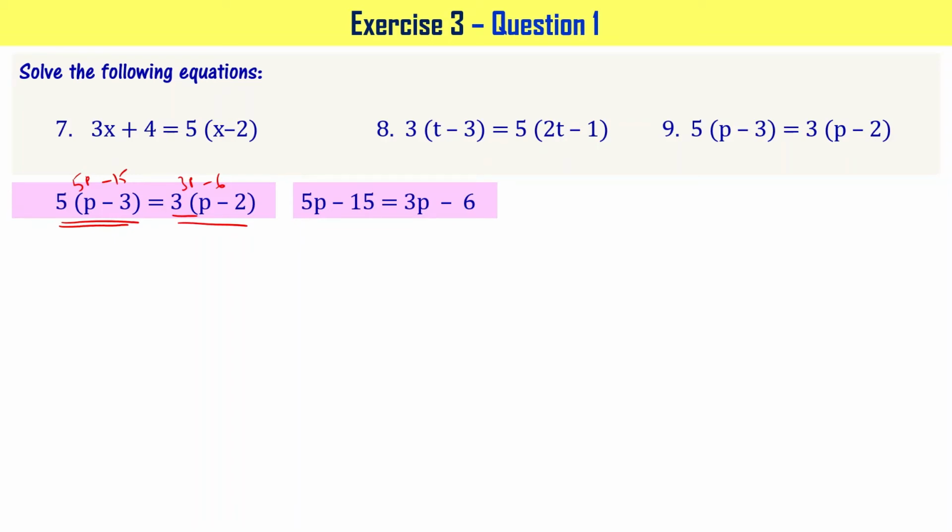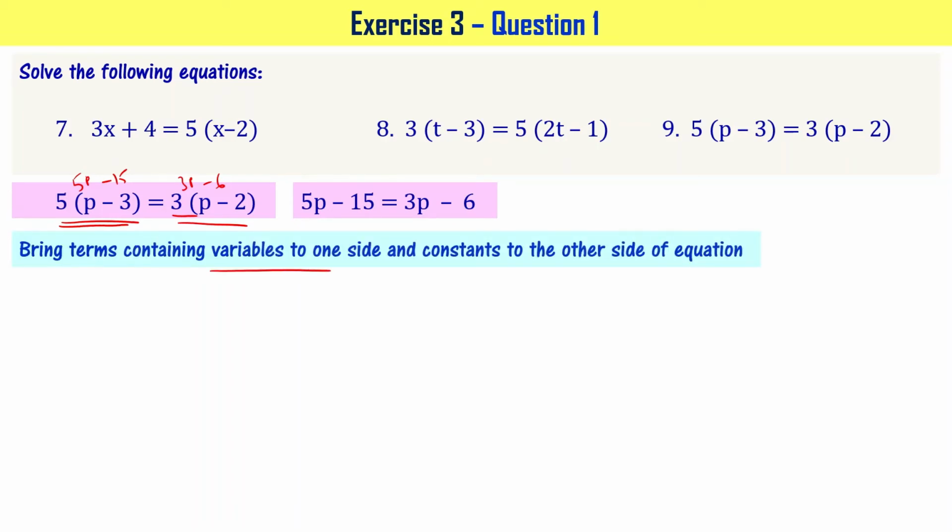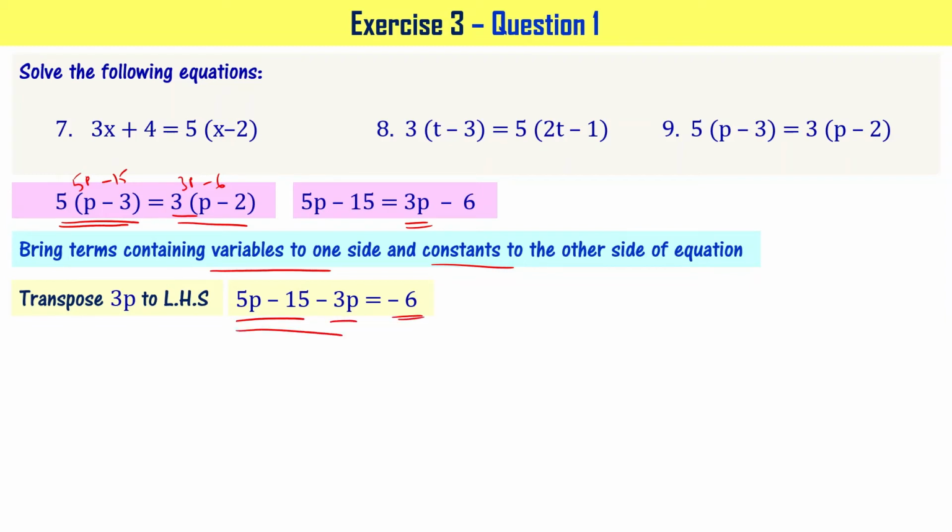Let us now bring the terms containing variable to one side and constants to the other side. For that I can take 3p to LHS, right? When I do that, the equation now can be written as 5p minus 15 minus 3p equal to minus 6. Let me rearrange such that I can write it as 5p minus 3p minus 15 equal to minus 6. 5p minus 3p is 2p, right? 2p minus 15 equal to minus 6, right?